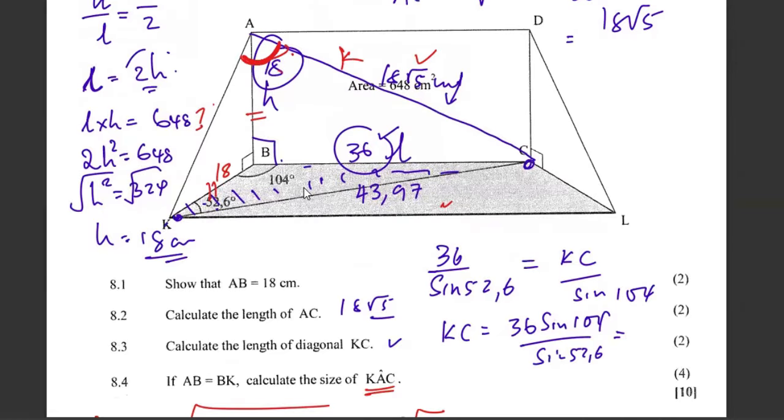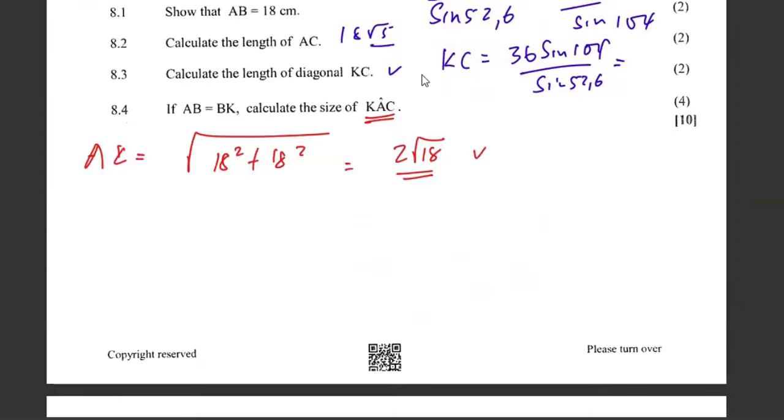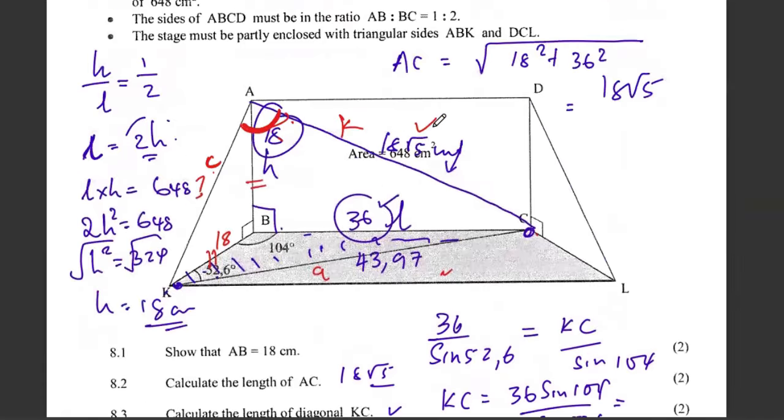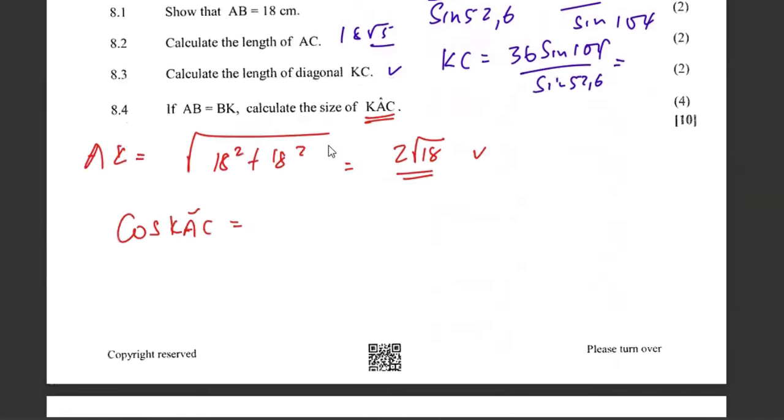this is going to be my K, this is going to be my C, and then this is my A. So I know that cos of A is going to be k squared plus the c squared minus the a squared over twice kc. Doing the substitution, KAC is going to be the arc cos.